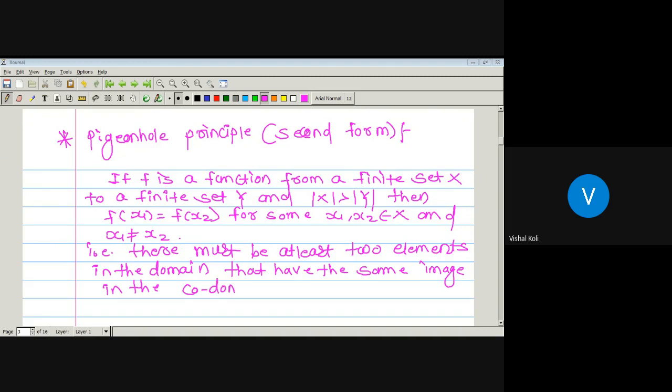If f is a function defined from set X to set Y, there are at least two elements in X which have the same image in the codomain.